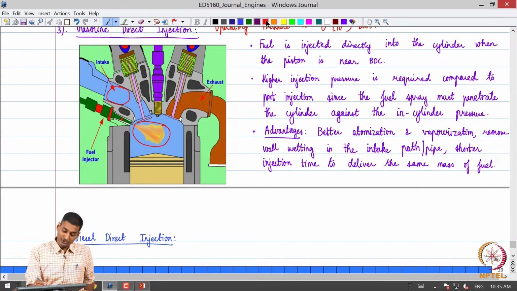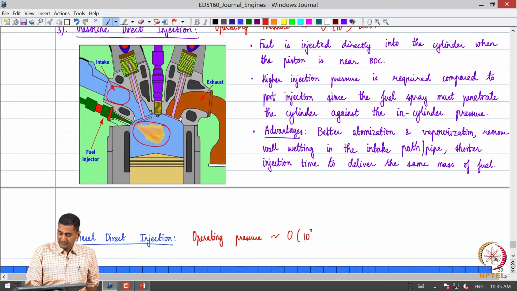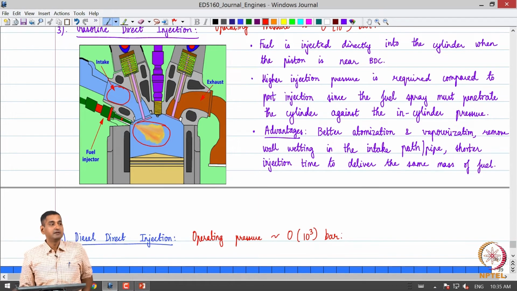So, due to all these reasons the operating pressures are very high. This can be of the order of thousands of bars in a diesel direct injection engine.